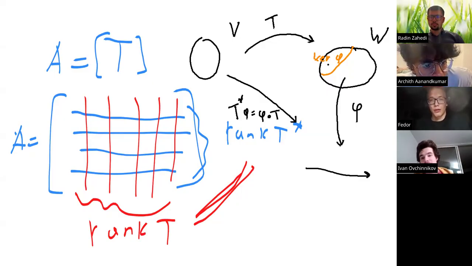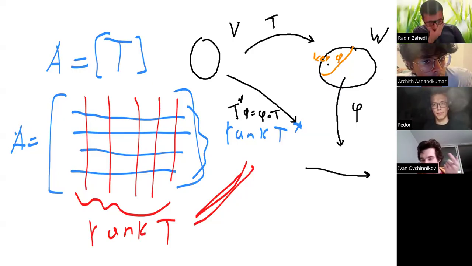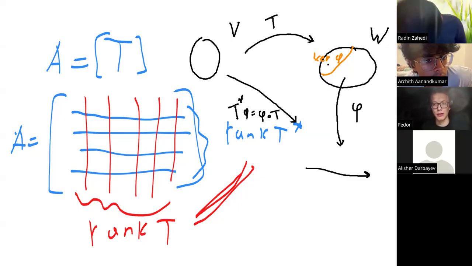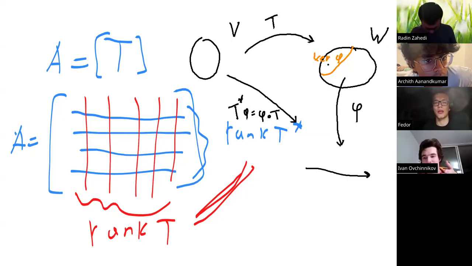This means that I plug in a vector v, I get Tv, and then for that to be sent to 0, what has to be true? Look at the diagram I drew. This diagram has only 3 things in it, and one of those things has to be the answer.